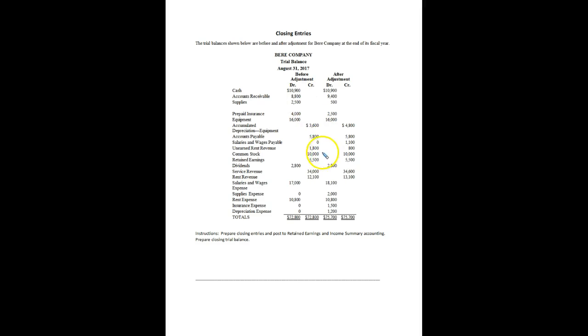Okay, last topic, closing entries. So I want to look down here. Let's say this is the accounting period. So let's say here's year 1, 2, year 3, we have these accounting periods.